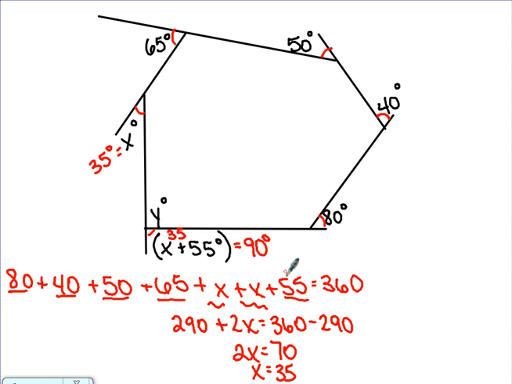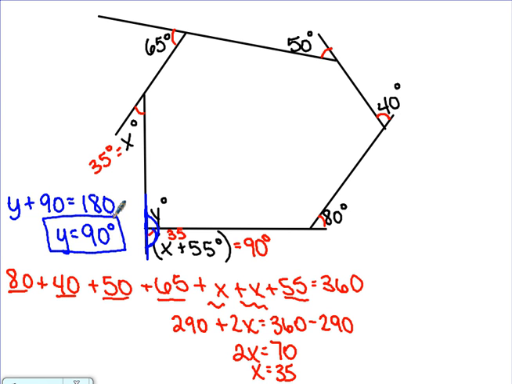We can use that information to solve for y. This angle that we just solved for and y together make a straight angle, which is 180. So we have y plus 90 equals 180, which means that y is 90 degrees. That is the sum of exterior angles.